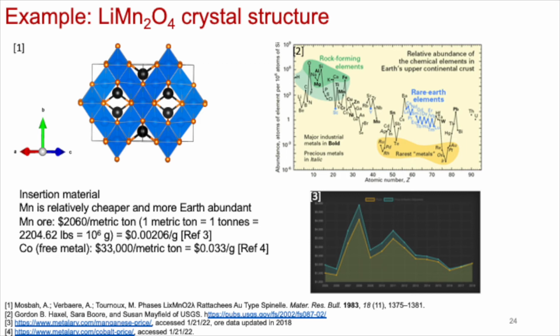But I should say cobalt prices go like this. Last week it was like 80,000 per metric ton. In 2018 it was 33,000 per metric ton. But that's all to say it's still an order of magnitude difference from manganese. So even though the prices fluctuate like this, the point is manganese is cheaper. So okay, that's pretty obvious.